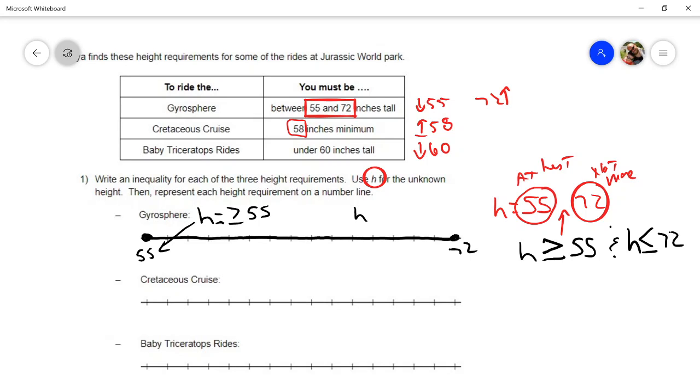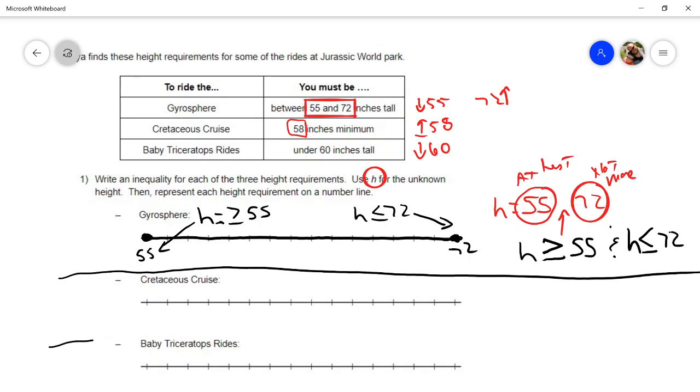And my height needs to be less than or equal to 72, which is what you see there. And it's going to be everywhere in between. And that's why I drew the line. So I have a solid circle on the 72, a solid circle on the 55, and a line connecting the two. So everything in between. Okay?